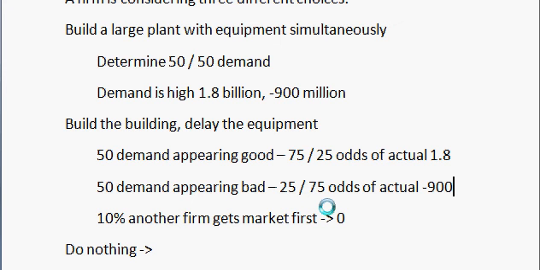So now the question is, given all this information, how should we set this up as a decision tree problem using the graphical decision tree of QM? And that's where we'll go next.